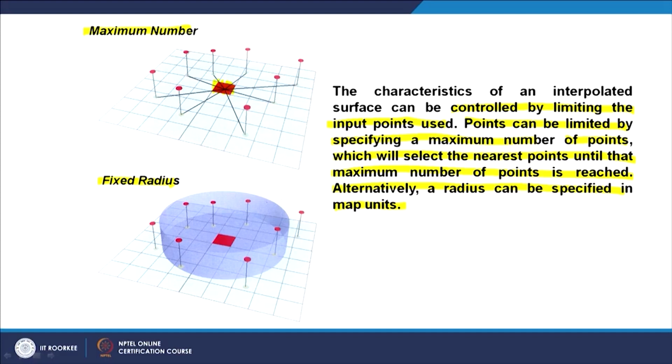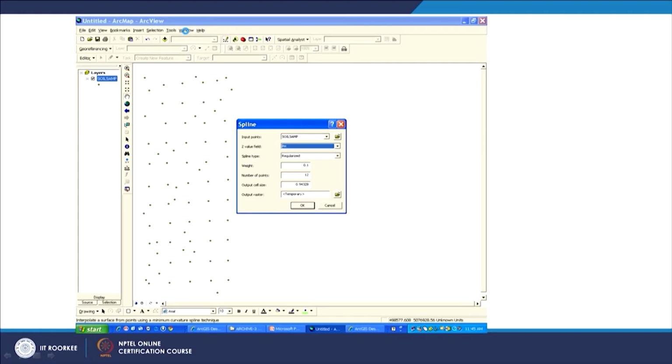Now, there are some other parameters which are also considered, and if I go for another type of interpolation technique, which is called spline, of course this also falls in the category of nonlinear interpolators. Here we are taking the same input layer of points. The options would be a little different because it is a different interpolation technique.